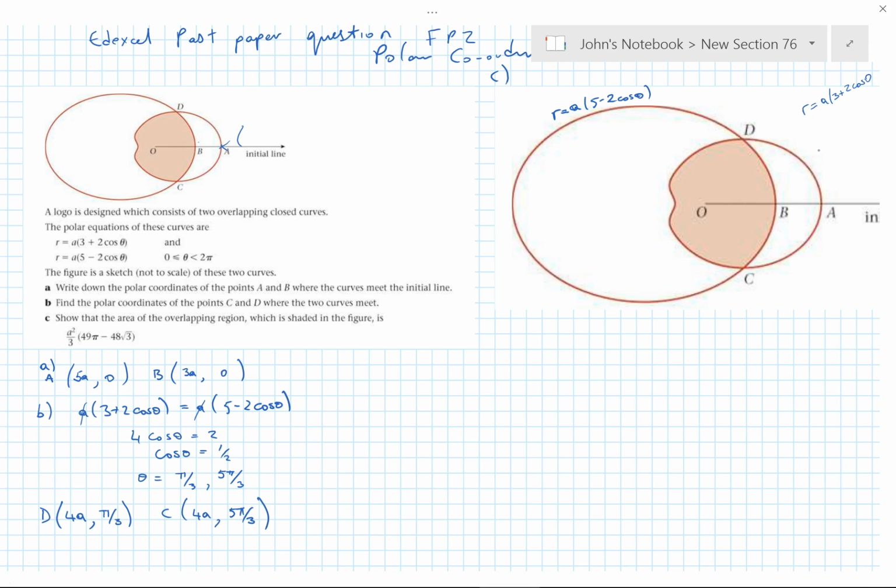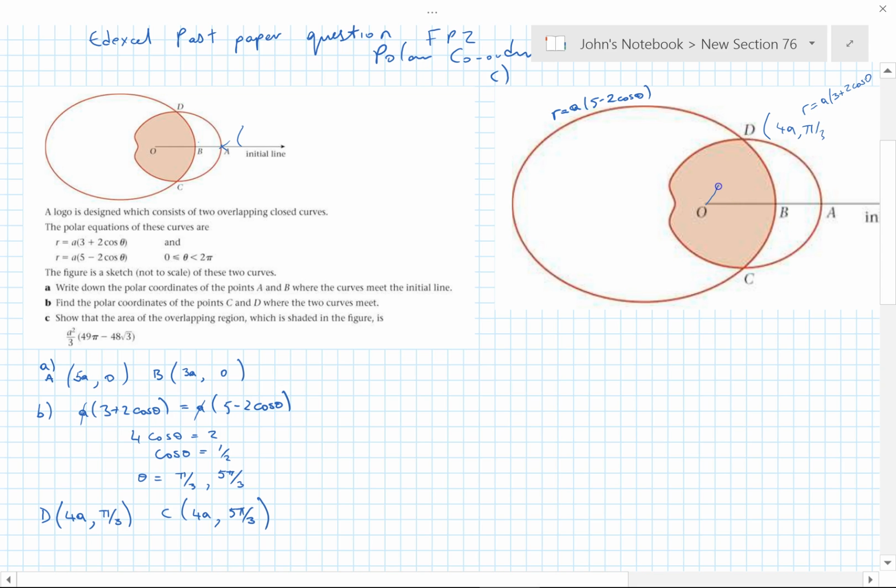It just means we're going to have a few zeros in our limits. Right, now what we really need to do here is split it. We've got to think of this as 2 areas. We've got this area here, because notice the value of theta here, when theta is between naught and pi by 3, because remember the polar coordinate of D is (4a, pi by 3).